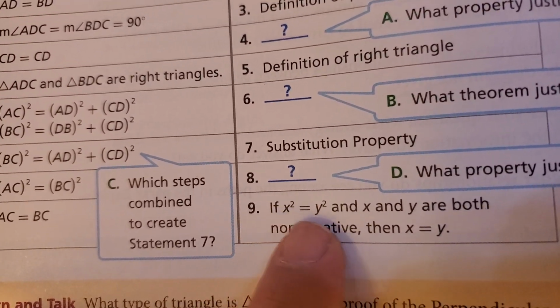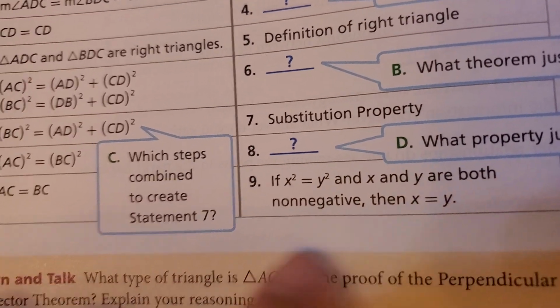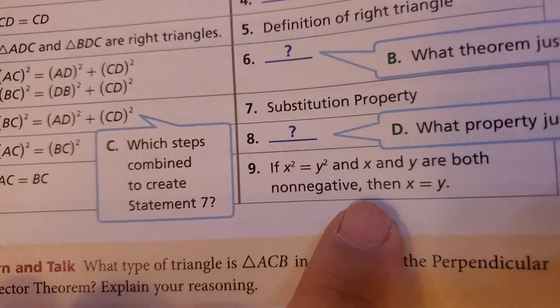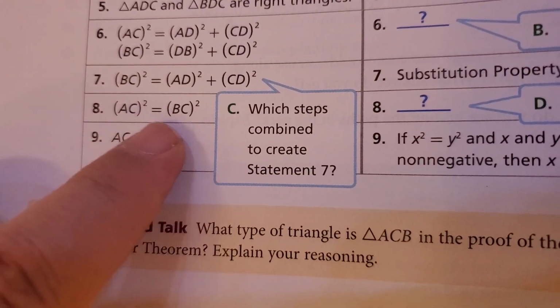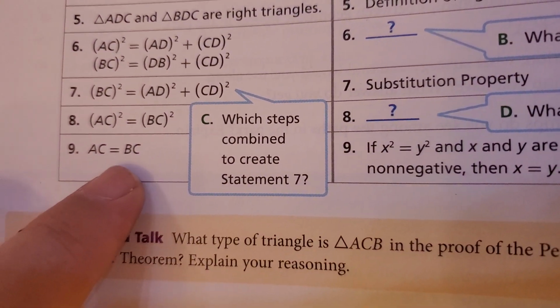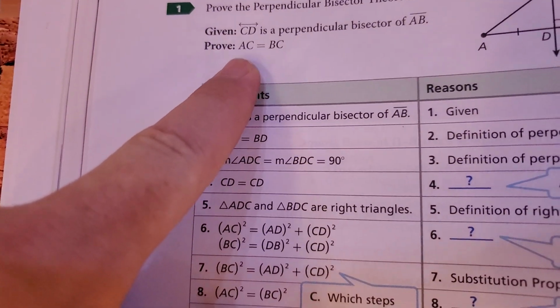So that's all they're really doing, the square root of both sides. You could even state that if you want over here. We did the square root. So when you square root the AC and the BC, you get AC equals BC in the end, which is what we were trying to prove.